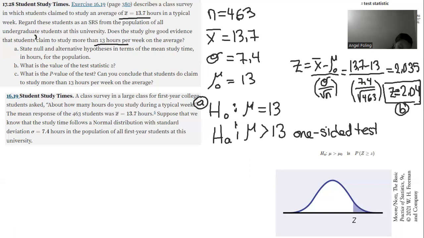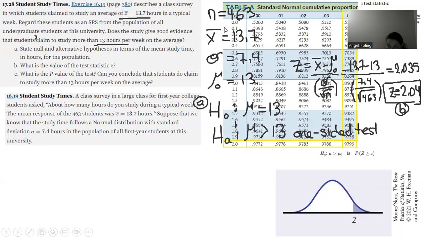Using table A, you go find your z-score, the 2.0, and then at the top here ending in a 4, and you find the area that they've given you.